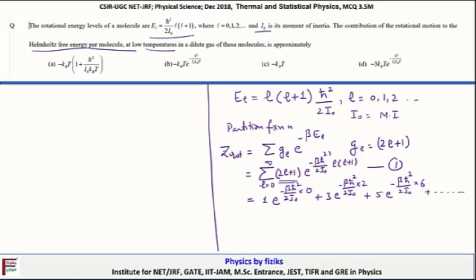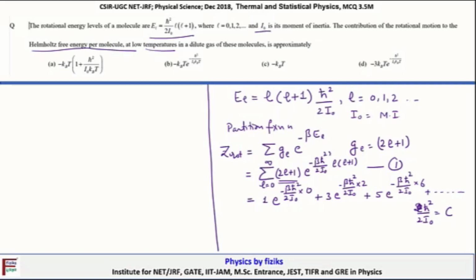Because the factor beta h cut square by 2 I naught is common for all the terms, let's substitute a constant: h cut square upon I naught, let's say that is equal to c.